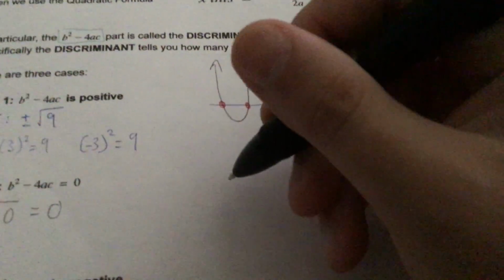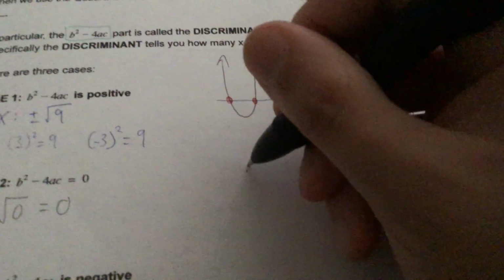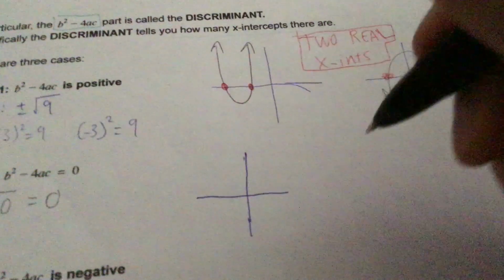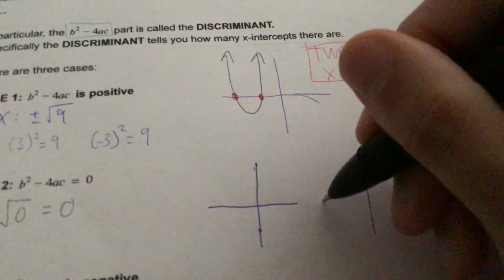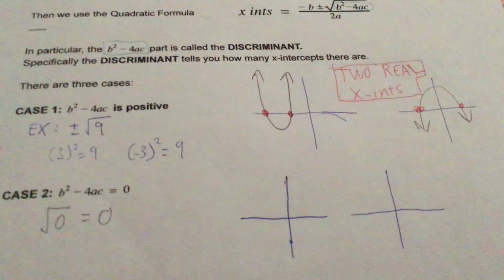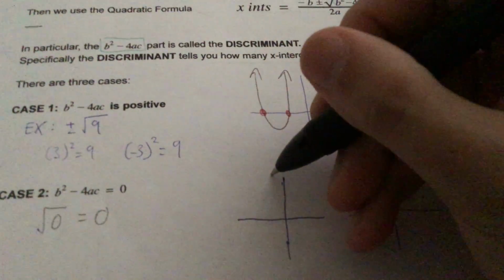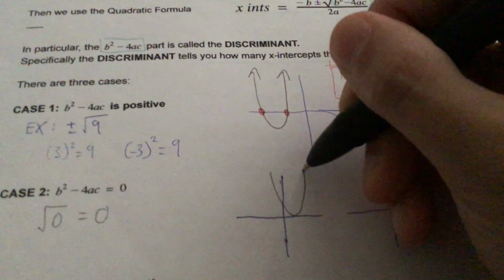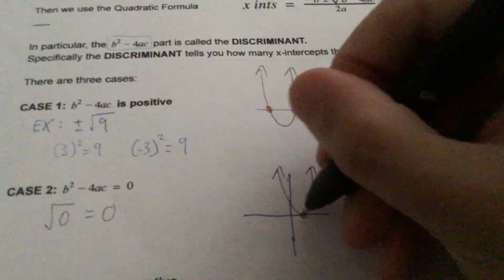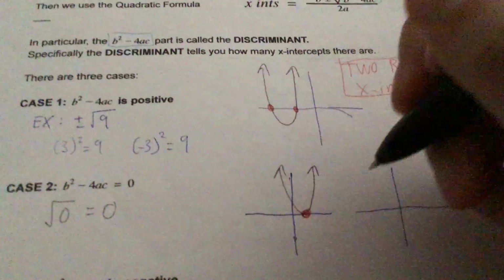So if that number inside of the square root is 0, that means that you draw a parabola. I could draw a happy face parabola, but since there's only one square root, that means that there's only one x-intercept. So it touches the x-axis at one point.